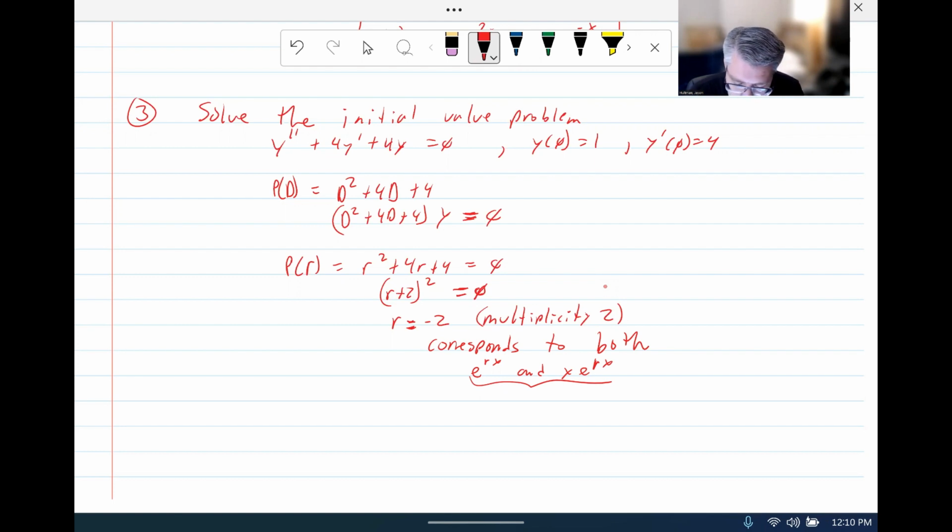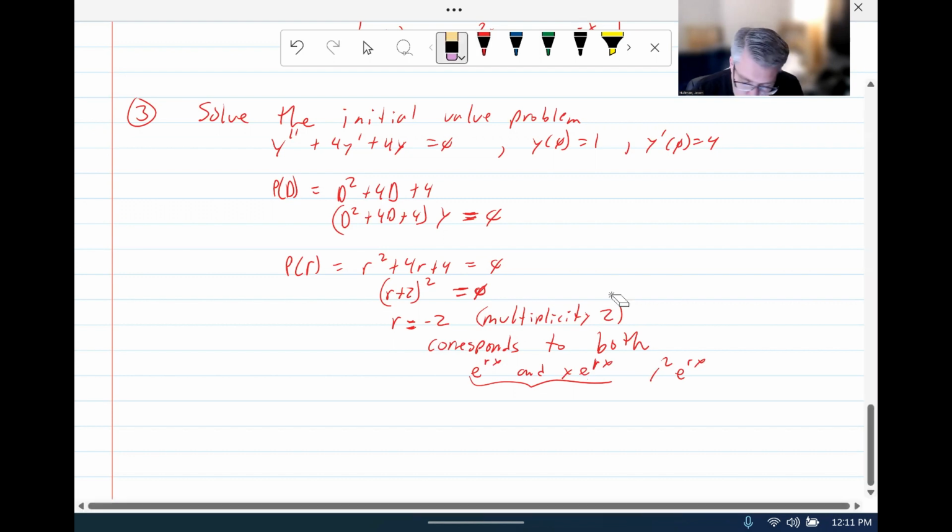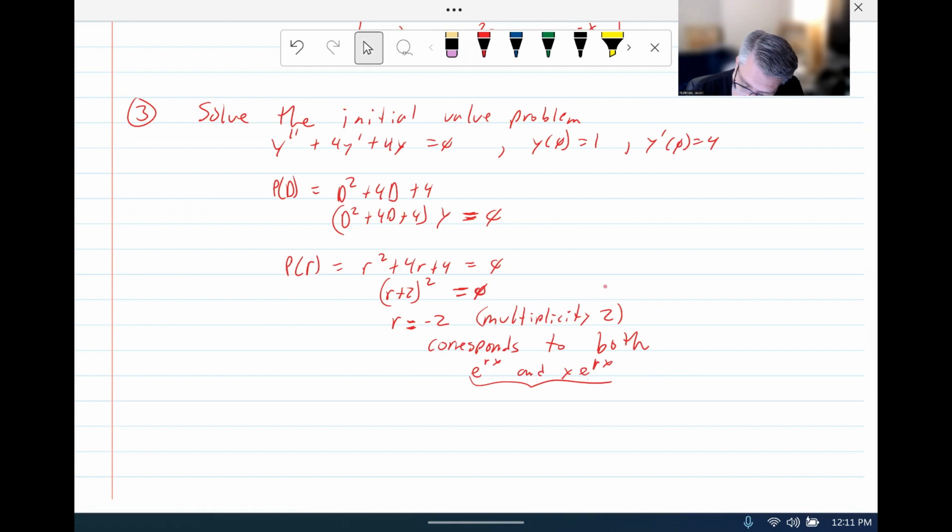Okay, so if we have multiplicity, we go up to that case. We could have an x, we could not have an x. Okay, so if I had multiplicity 3, then I would go up to x squared. But I'd have to have it represented with each case up to that multiplicity. Both cases need to be represented.